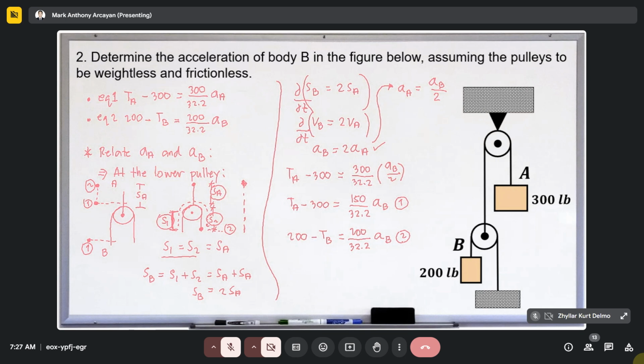But if we look at the unknowns, no, the number of unknowns, we still have three unknowns, which are TA, TB, and the acceleration of B. We still need to find another equation, one more equation in order for us to solve this unknown.